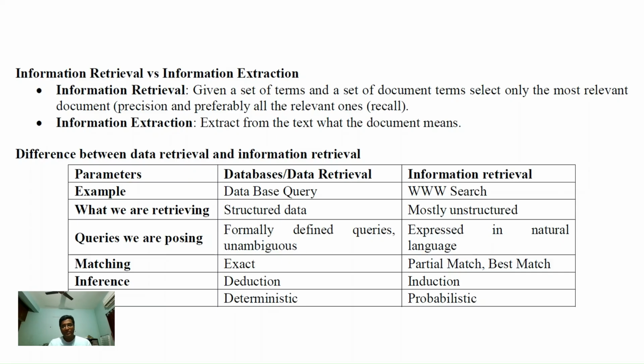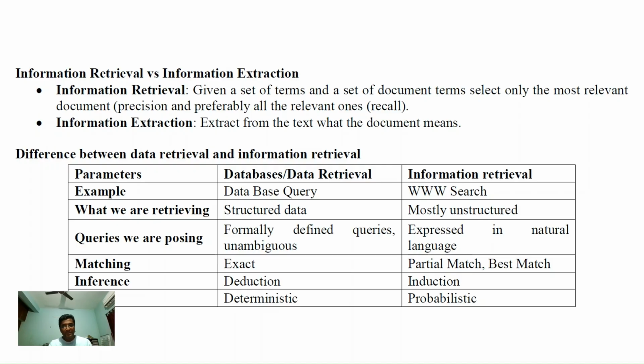The next one is the matching parameters. Data retrieval finds the exact match. Information retrieval doesn't provide the exact match, but looks for the partial match and the best match. And the next one is the inference.